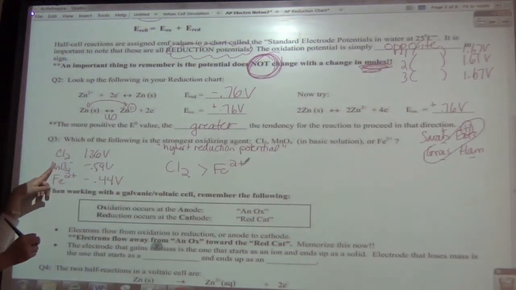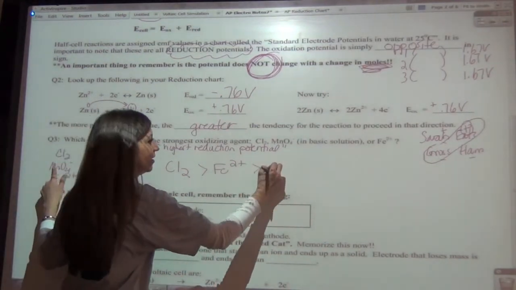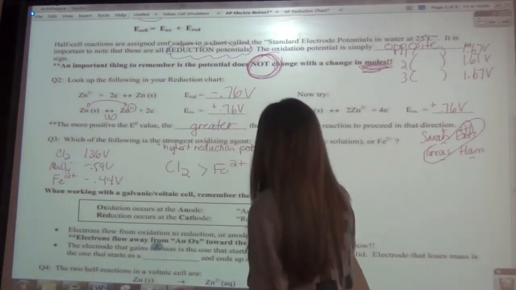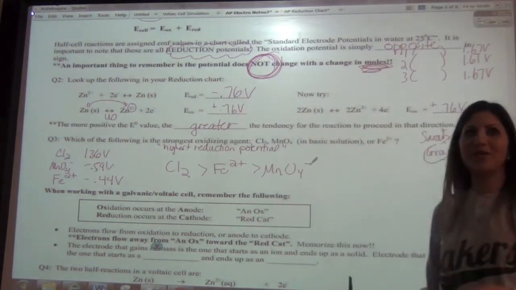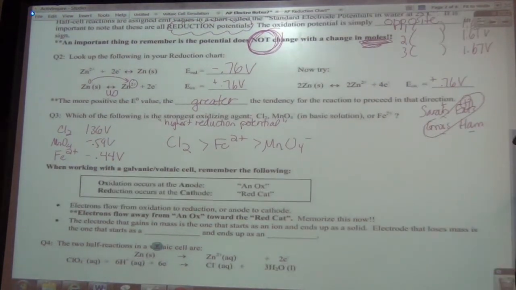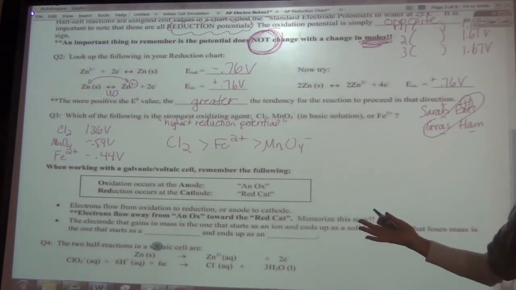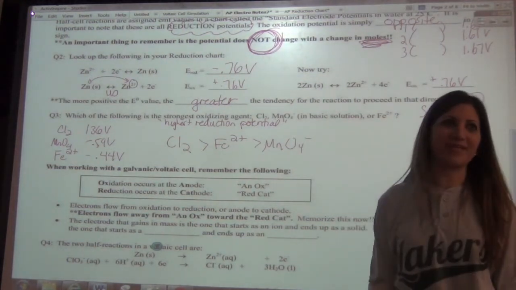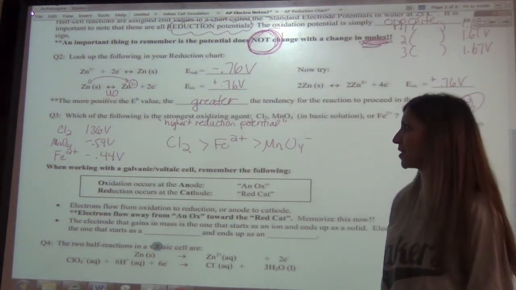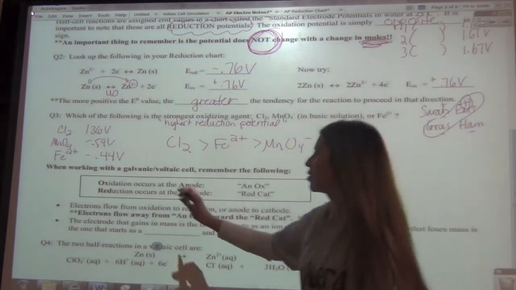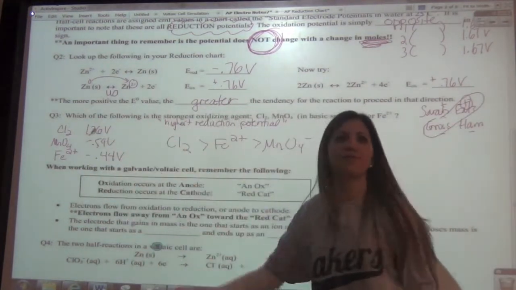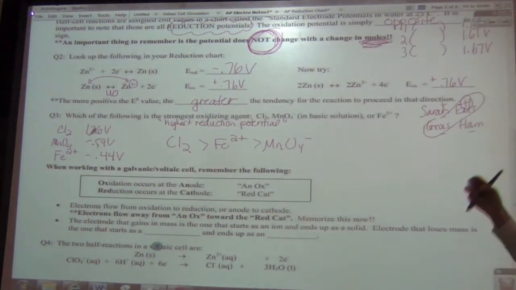And then which one? MnO4. All right. Okay, good. So now, if they asked for oxidation, oxidation would just be the opposite, because when you flip it, it's the one that would be the highest after you switch your signs.